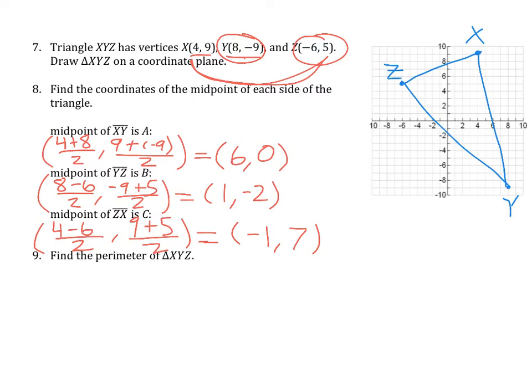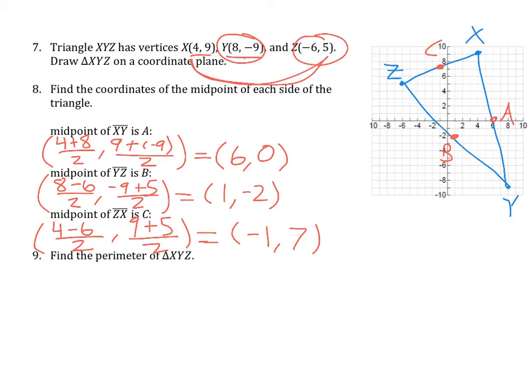So 6, 0, they call this A. 1, negative 2, which is right here, that is B. And negative 1, 7, that's C.